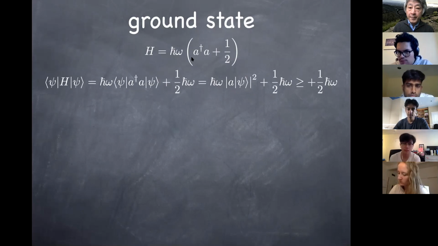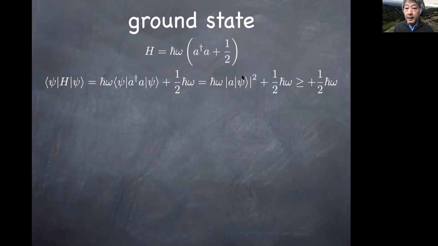So the first term of the Hamiltonian is now cast into a norm of the state A acting on psi times this coefficient h bar omega. And what we know from linear algebra is that whenever you have a norm of a vector, that's positive semi-definite. So the smallest it can be is 0.